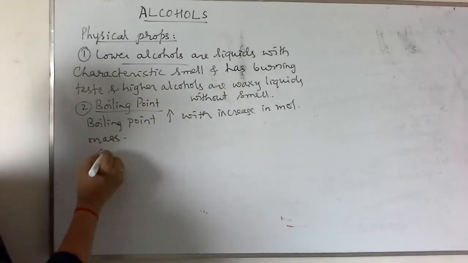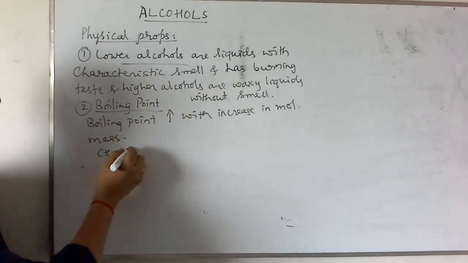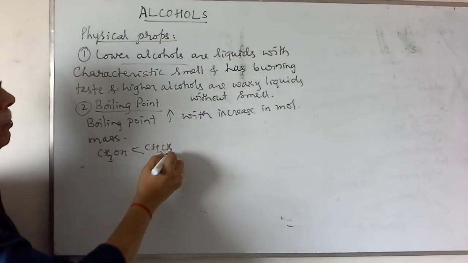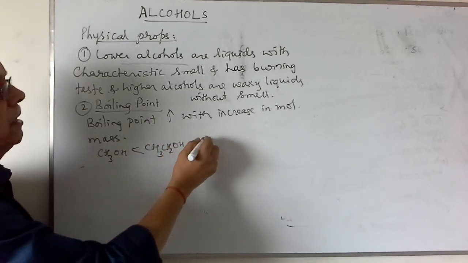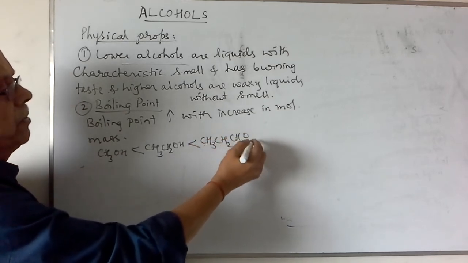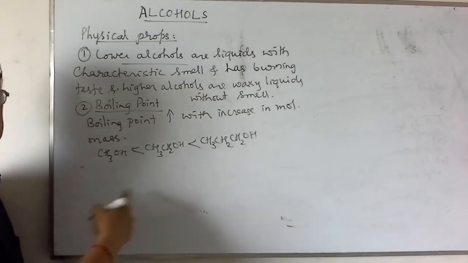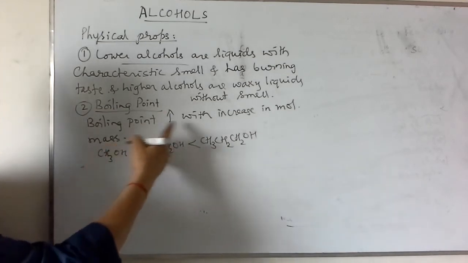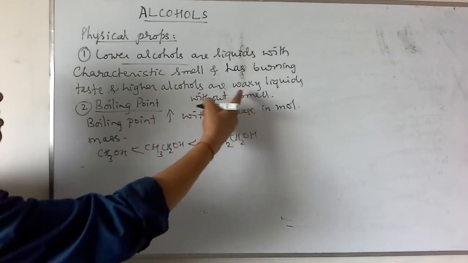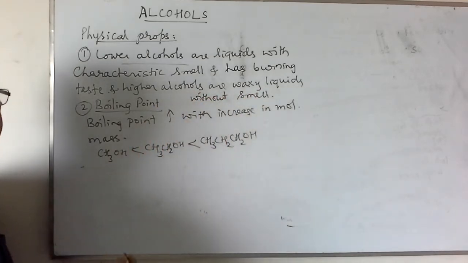For example, methanol has a lesser boiling point than ethanol, CH3CH2OH. This has a lesser boiling point than propanol, like that. As the number of carbon atoms increases, molecular mass increases, and the boiling point also increases. That is the reason why the higher alcohols are waxy liquids.